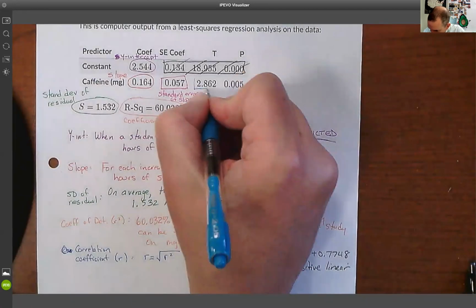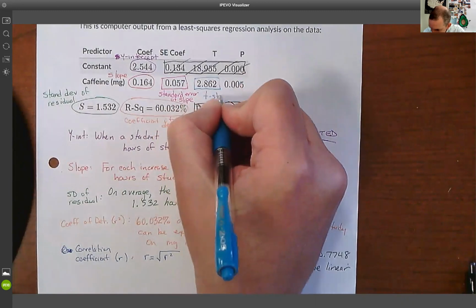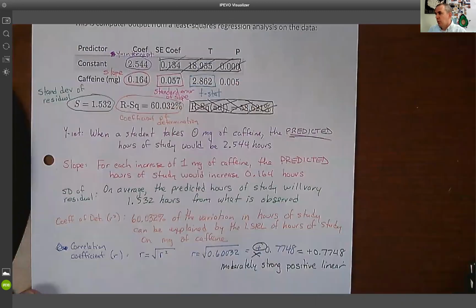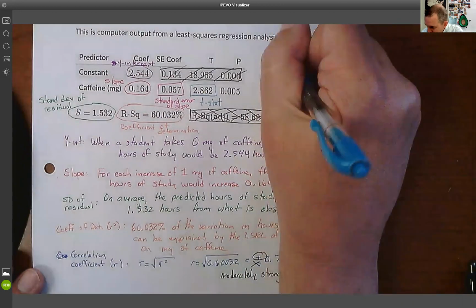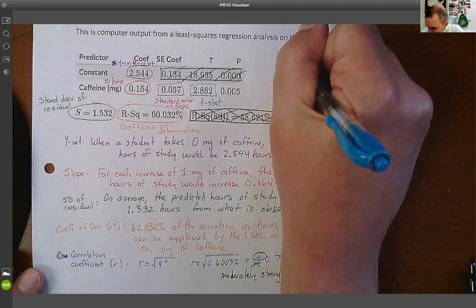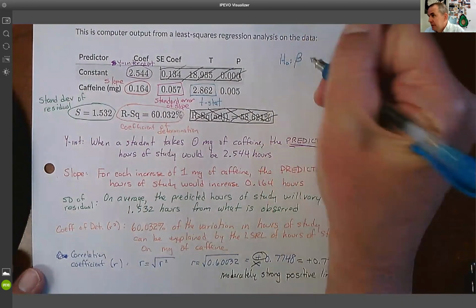This one right here under the T column is going to be your T statistic. Let me walk you through what test you have here, because what we're doing is running a test on slope. The null hypothesis on this test on slope is we're trying to determine if there's a slope. The letter they use for slope is B, for beta.